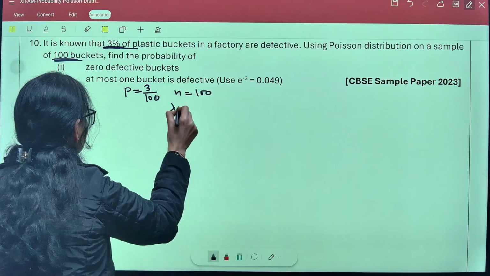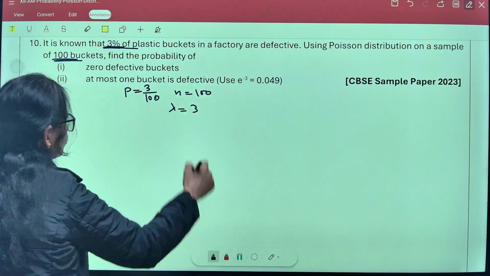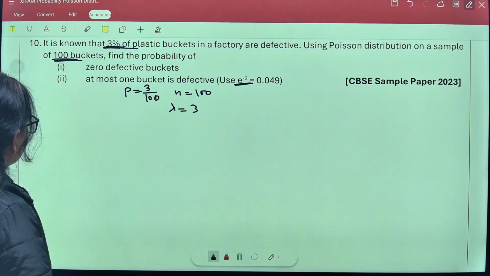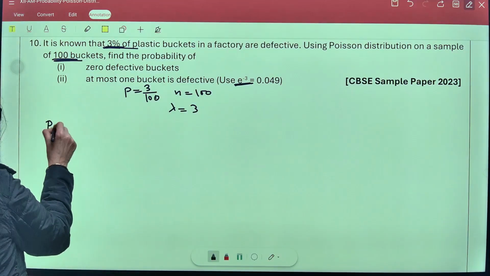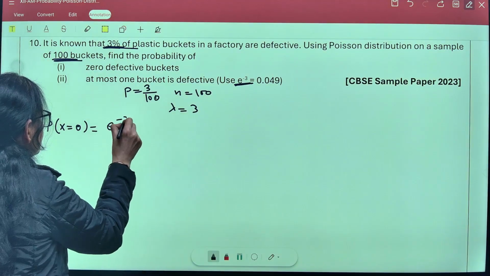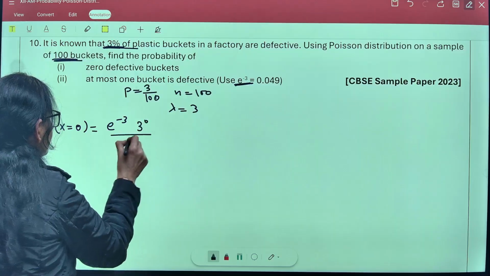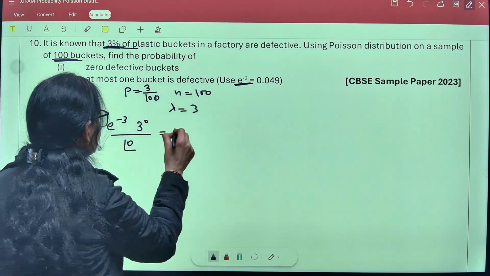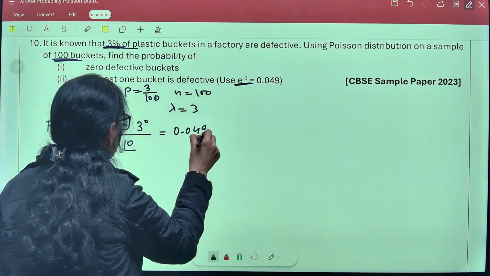So that means the value of lambda is N into P. That comes out to be 3. You are also given e raised to power minus 3. That helps you. Now you need to find the probability of 0 defective buckets. X equals 0. So e raised to power minus 3, 3 to the power 0 upon 0 factorial. So you just put the value that is given to you, that is 0.049.